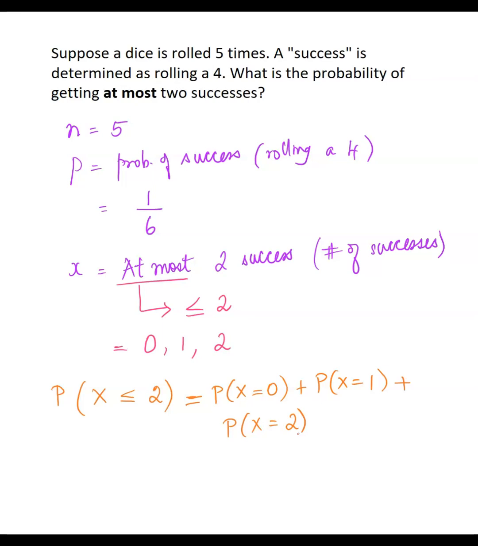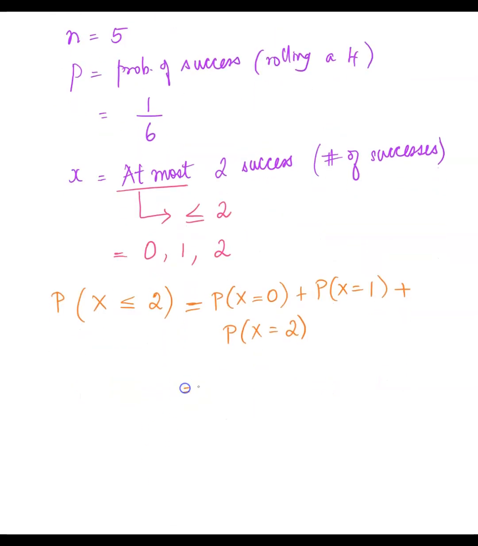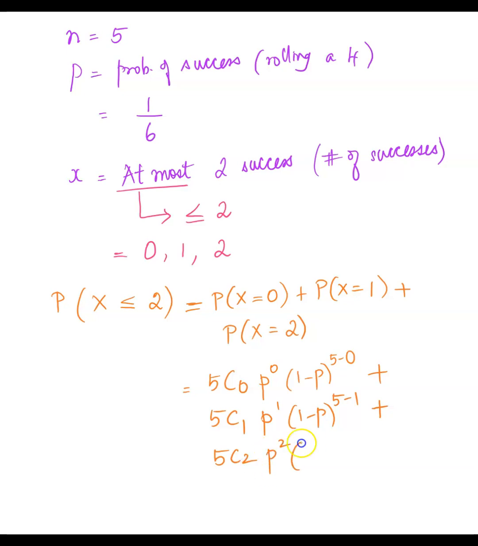Now, if you were to do this manually, that will be nCx, p power x, q power n minus x, right? So 5C0, p power 0, and instead of q, I write 1 minus p, power 5 minus 0, plus, for x equals 1, 5C1, p power 1, 1 minus p power 5 minus 1, plus 5C2, p power 2, 1 minus p power 5 minus 2.